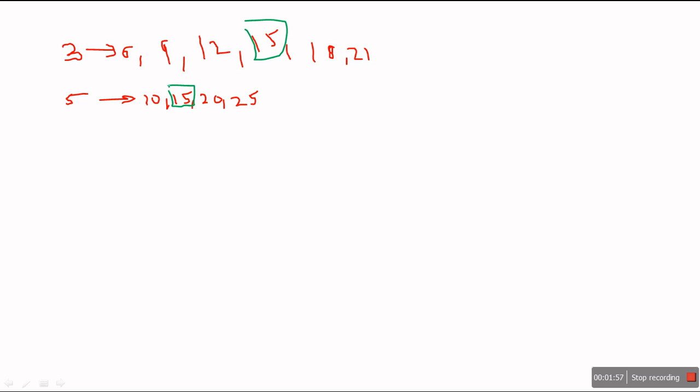So 15 is present in both 3 and 5. So 15 is called a common multiple.